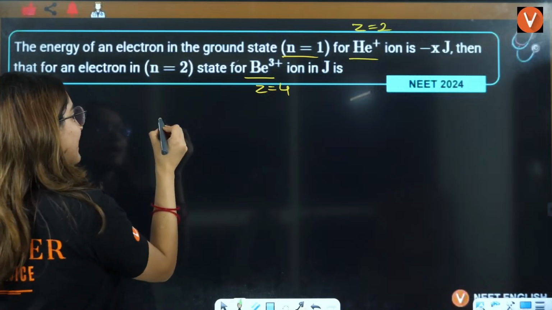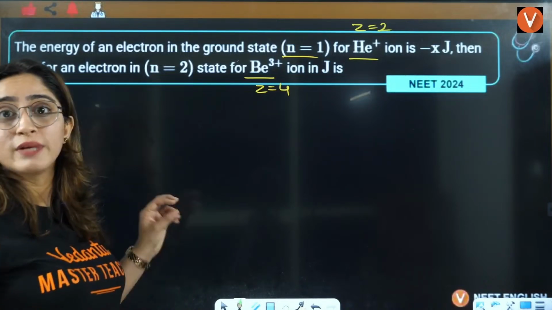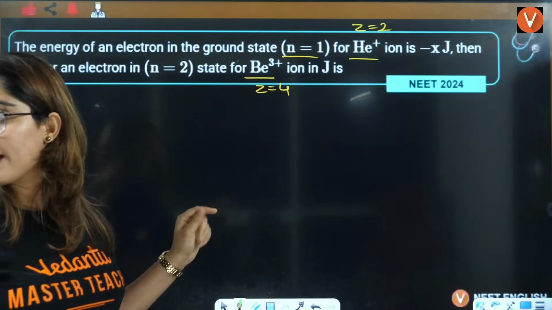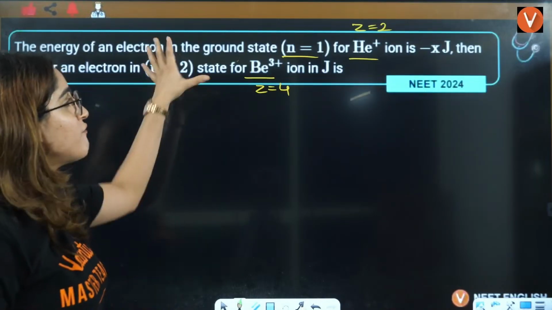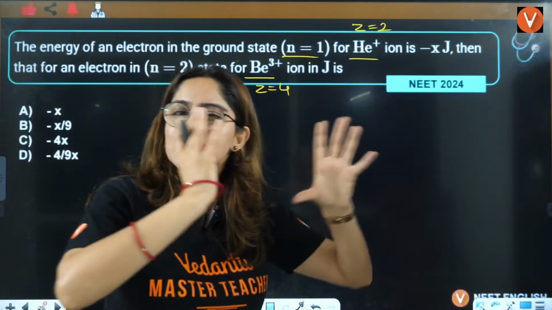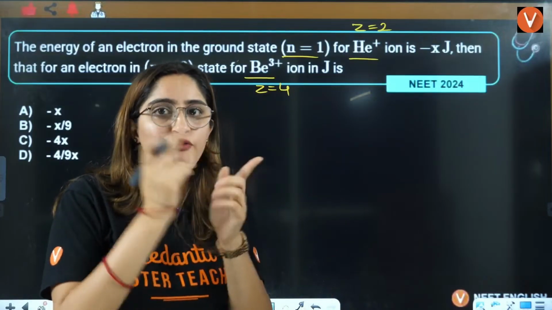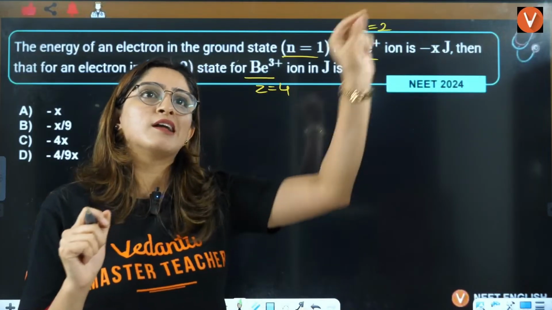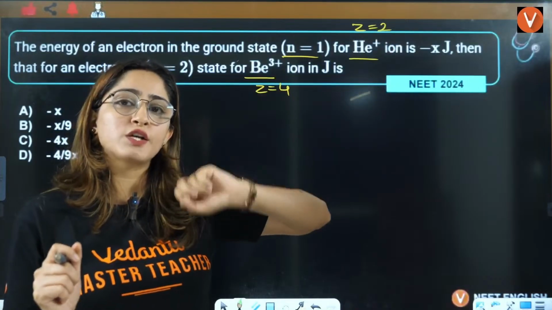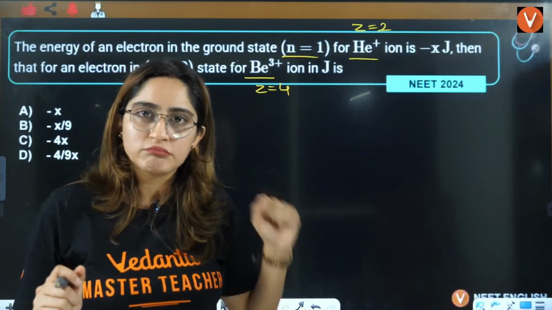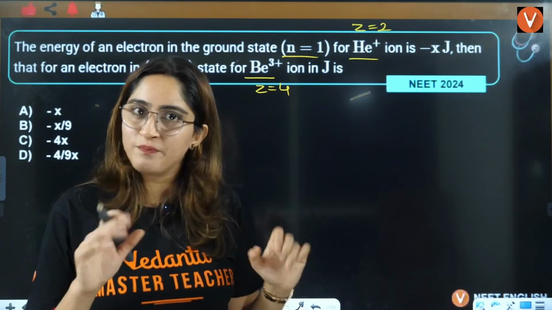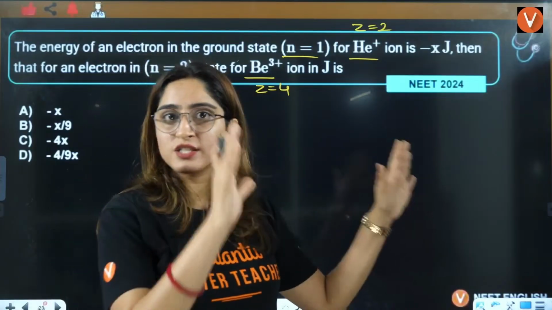So we know that energy is what we will do here. We will take the ratio, the same thing we did for radius and for velocity. It is on the same page that we discussed.